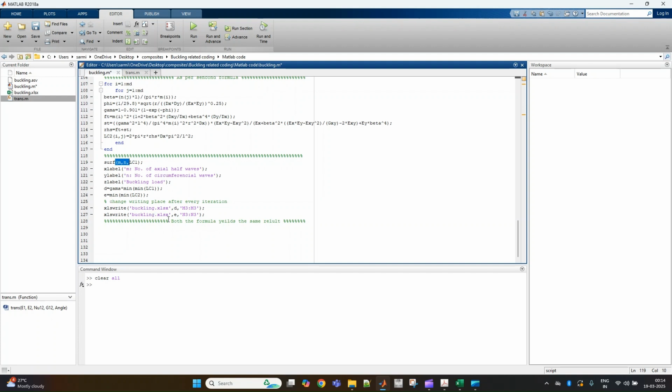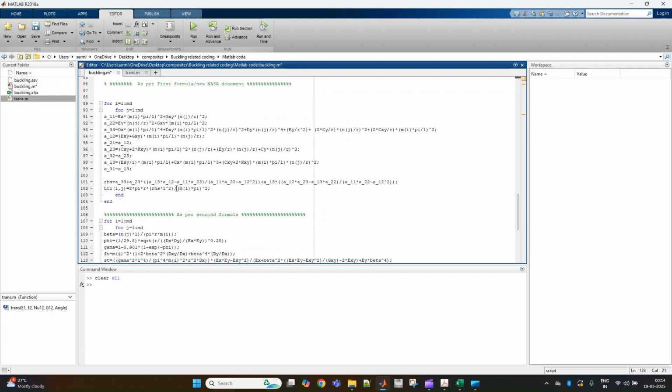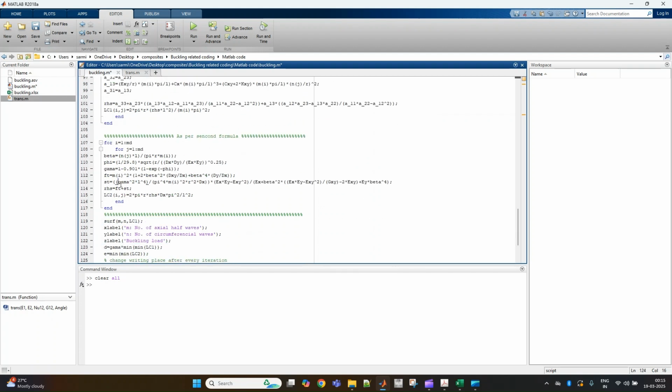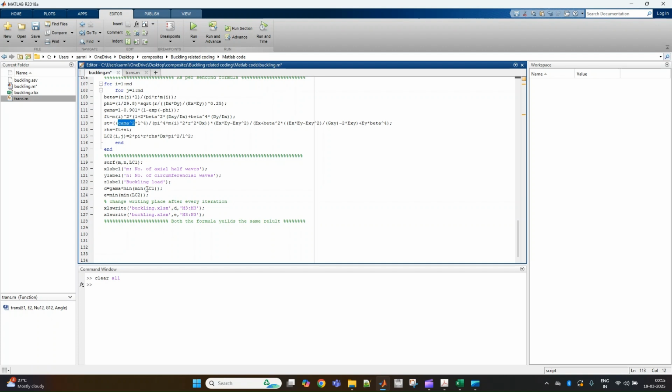For LC1, which represented the new formula, only there we have multiplied gamma, which is the knockdown factor. But for LC2, we have not multiplied any knockdown factor because it already contains the gamma inside it. This is the main thing which I was trying to focus on, that gamma should not be multiplied in both the cases, which has been done by many. It will be a wrong thing.